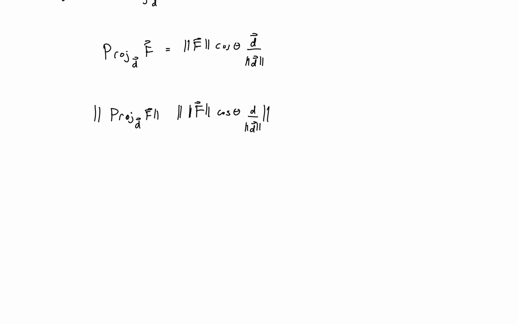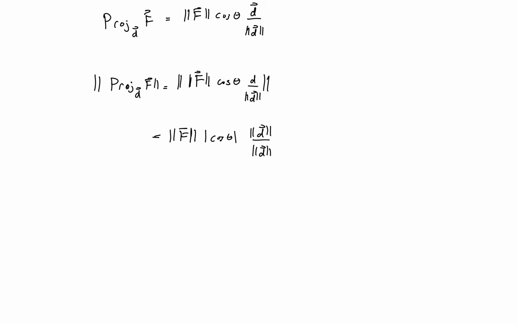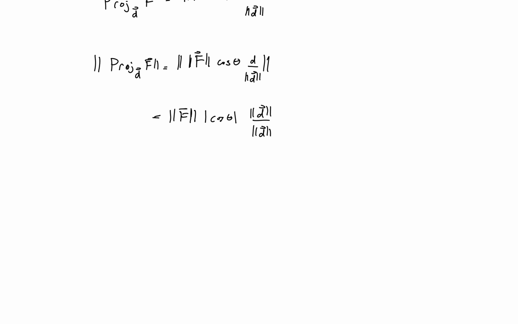But now of course the magnitude of scalars just comes out to be the absolute value. We just get this. And so this is just the magnitude of D over D is just 1, so this is just F absolute value of cosine theta.